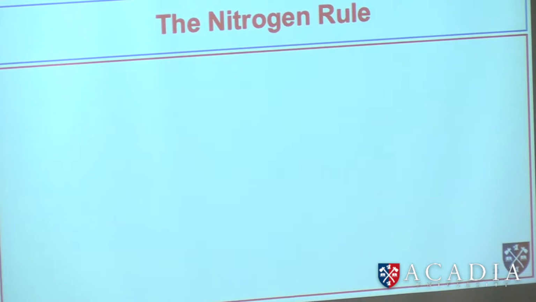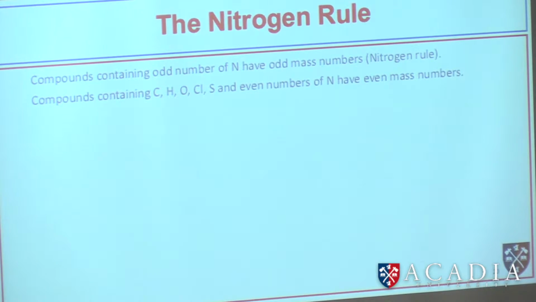The nitrogen rule is another rule, and it's a simple rule. Compounds containing an odd number of nitrogen have an odd mass number. So if you just have a hydrocarbon or a hydrocarbon with oxygen, it will always have an even mass number. If you have 1 nitrogen, you'll have an odd mass number. If you have 3 nitrogens, it'll be odd.